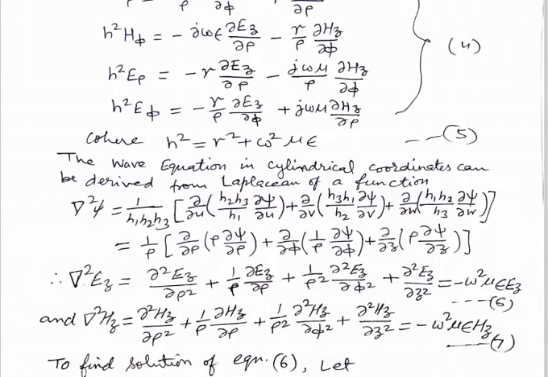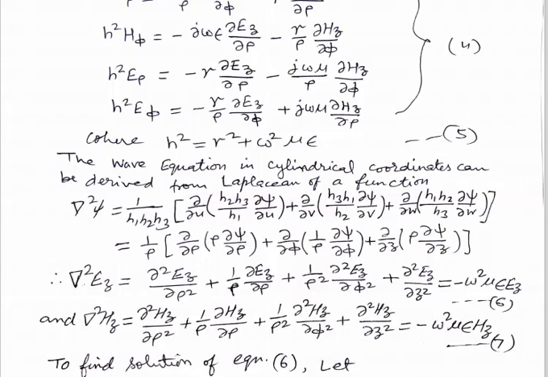changing the scale factors h1 h2 h3 and the curvilinear coordinates u v w to rho phi z, this Laplacian equation changes in cylindrical coordinates to del square psi equal to 1 upon rho del over del rho of (rho del psi over del rho) plus del over del phi of (1 upon rho del psi over del phi) plus del over del z of (rho del psi over del z).